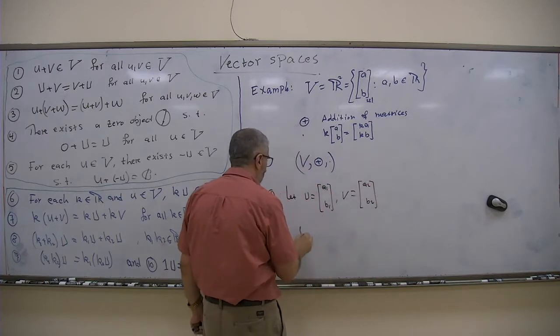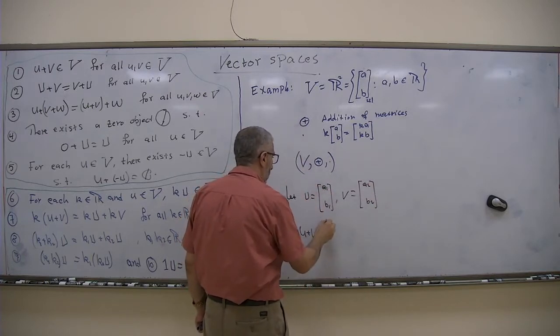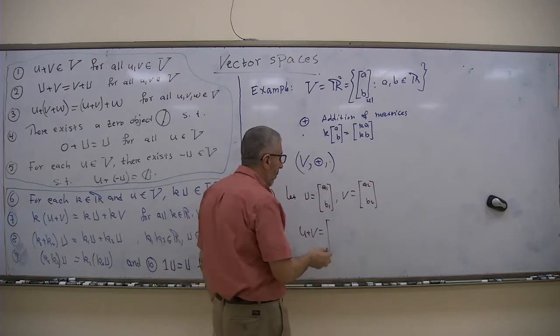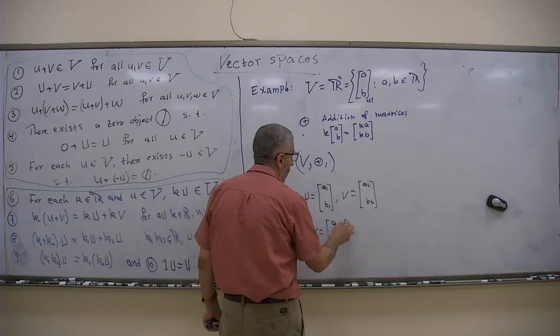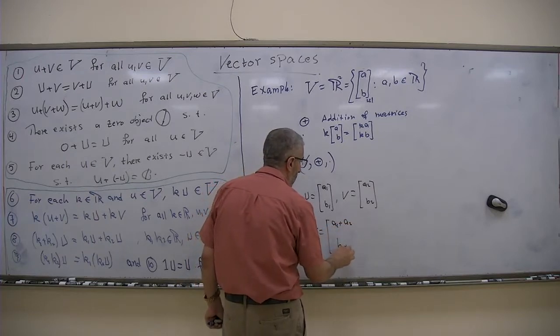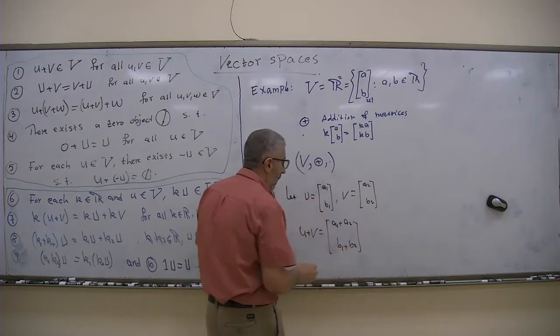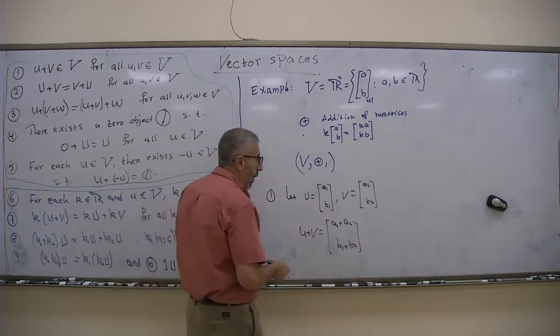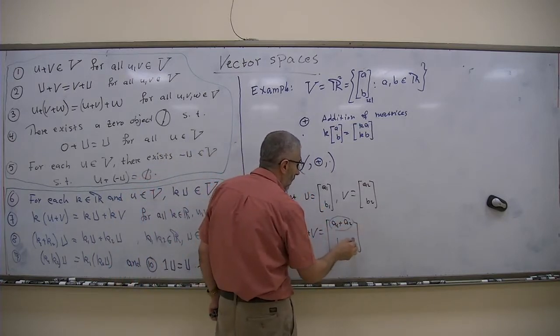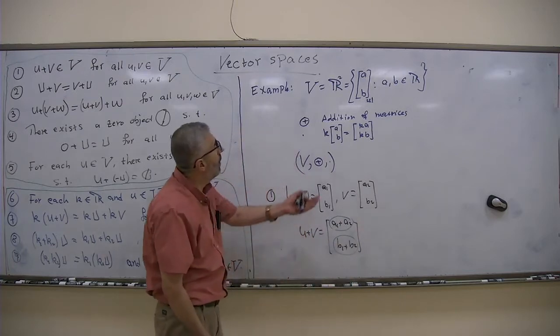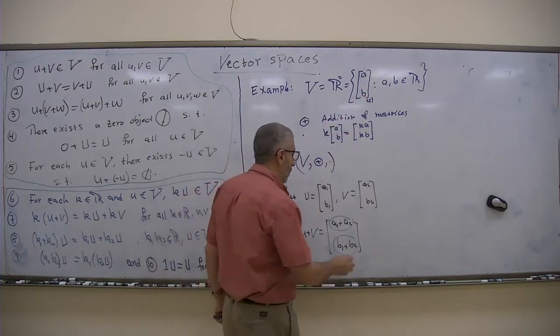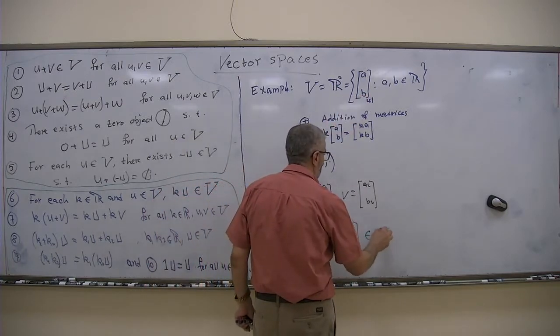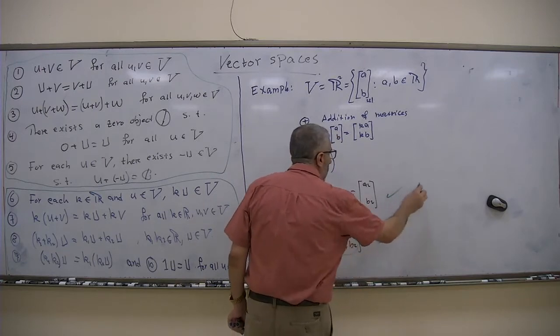What is u plus v? This is going to be addition of matrices, correct? So this is (a1 plus a2, b1 plus b2). And now you think about this as one number, this as one number. So it belongs to R2. So the first condition here is valid.